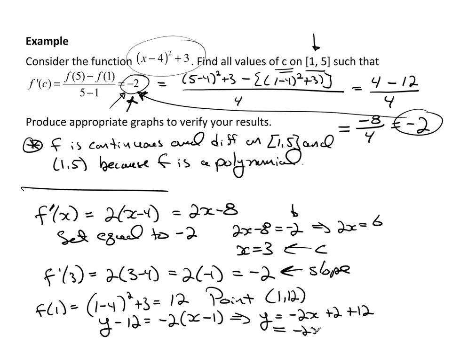So y equals negative 2x plus 14. So that's the equation that will run through the points at 1 and 5. Now what I need to do is find the point on the graph that corresponds with x equals 3, because then I can go ahead and graph the second line to show that they're parallel.